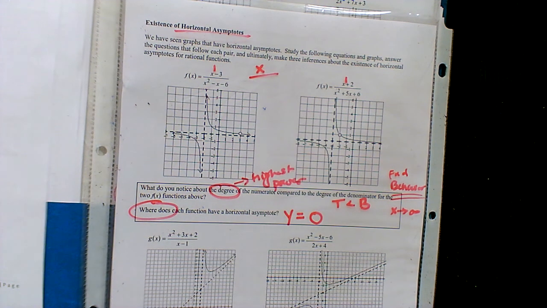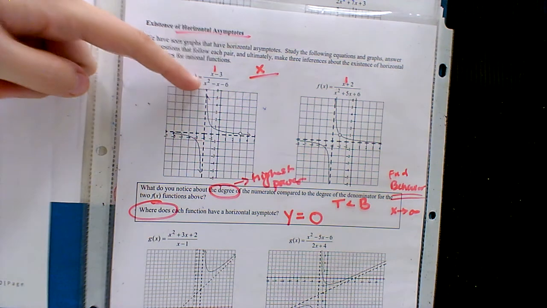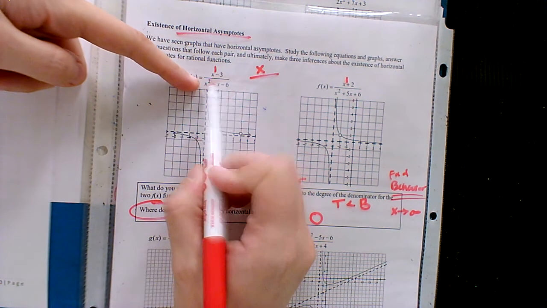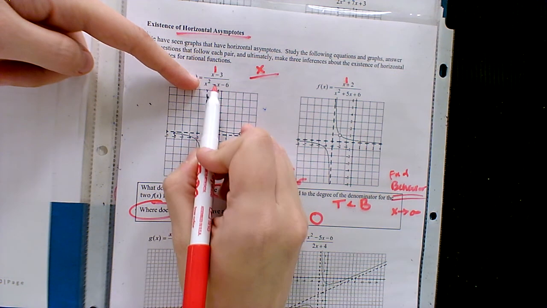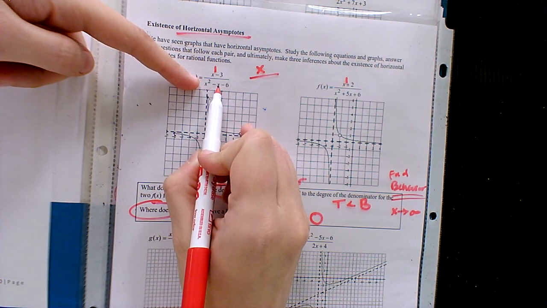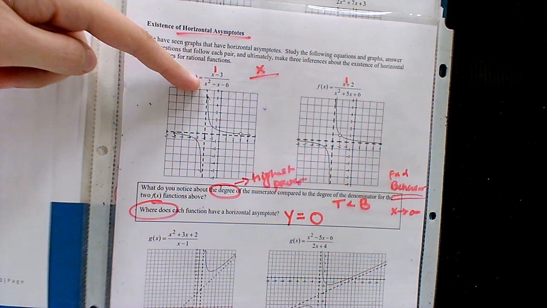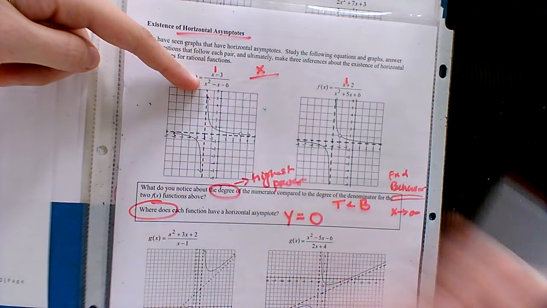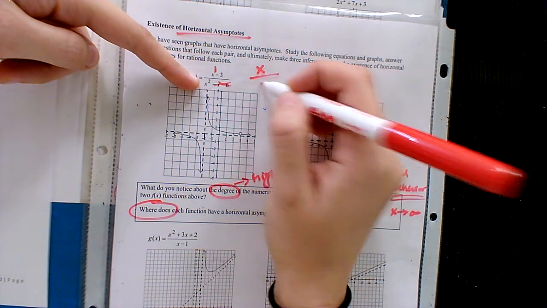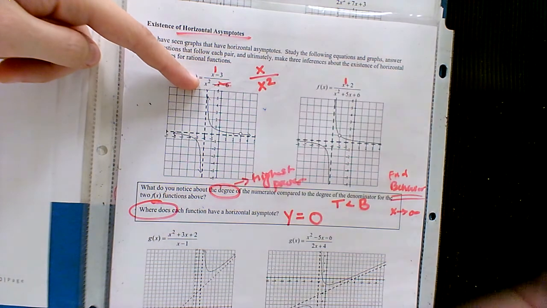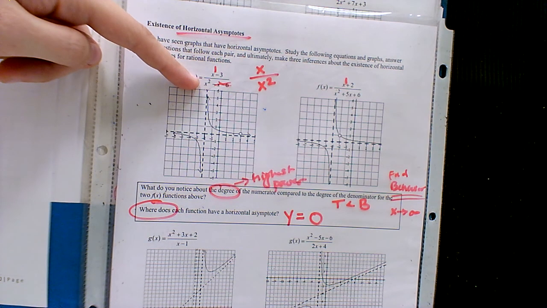If you plug in a really, really big number into the bottom and then square it, isn't that even massively larger? So the subtraction of a really big number, and then minus 6, those are insignificant. So the bottom is really acting like an x squared.